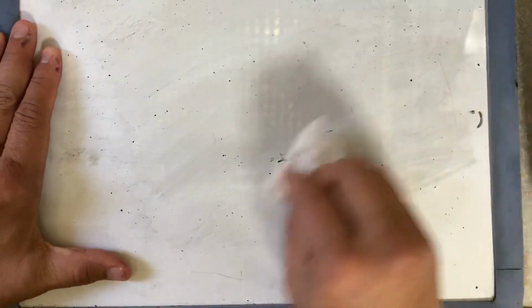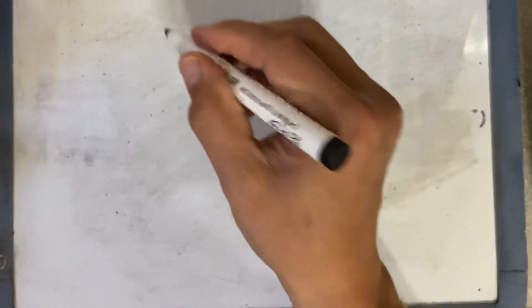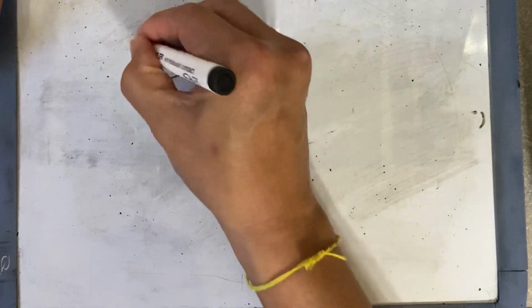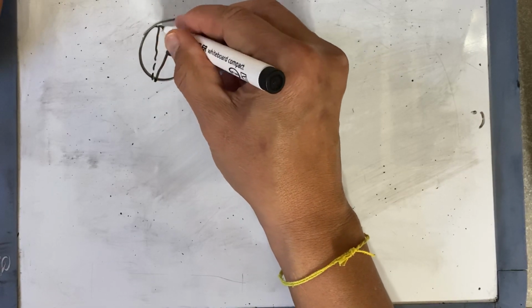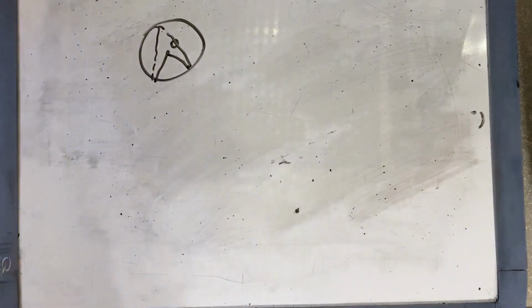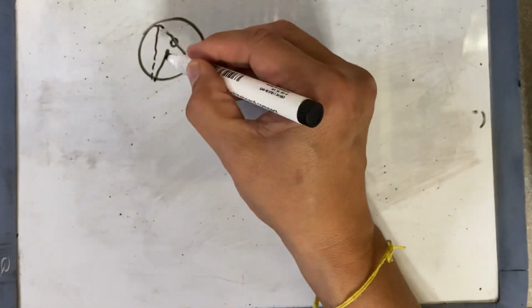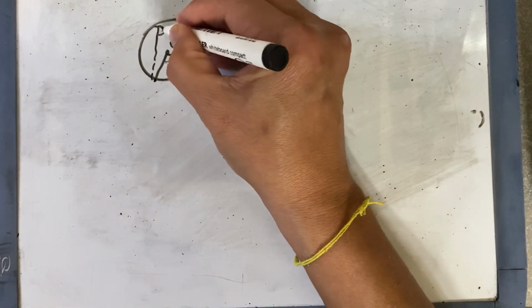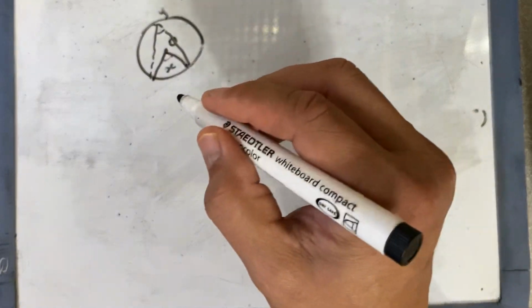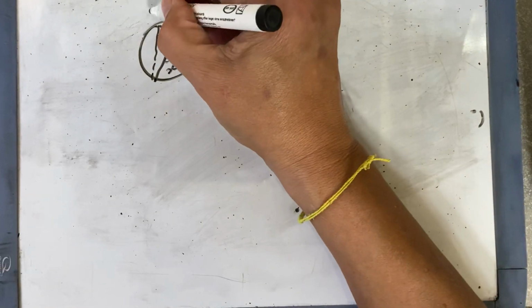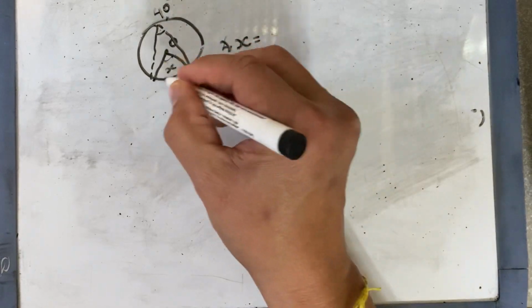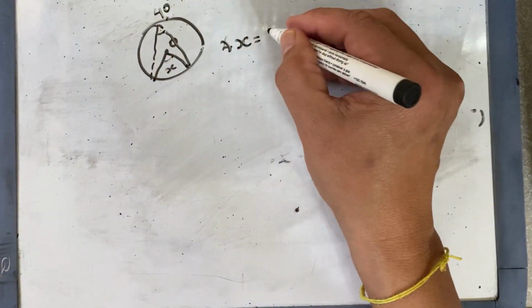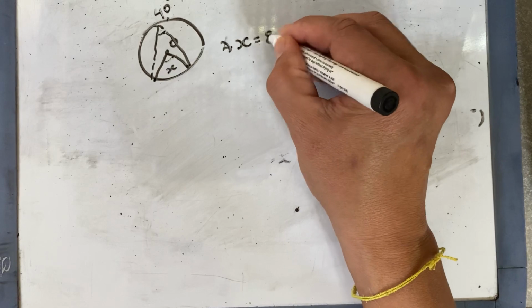The next theorem we have is another theorem which is based on the angle at the center of the circle. So this is center O. If you draw a line across to the circumference, so that angle X and angle Y, X will be double that of Y. So for example, if we know that Y is 40 degrees and you want to find angle X, it will be double that of the angle 40 degrees, so angle X will be 80 degrees, double.